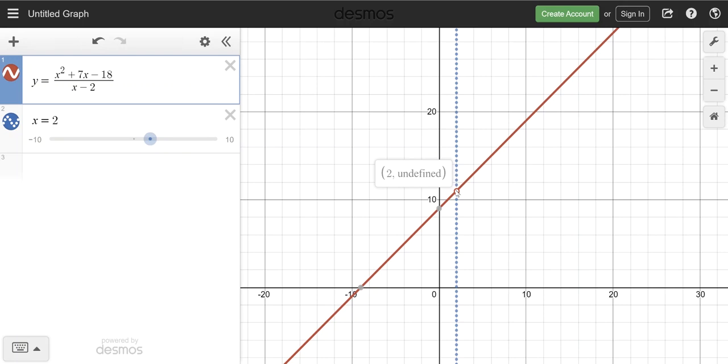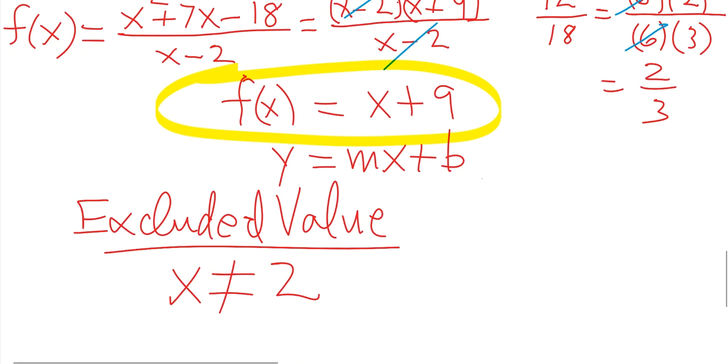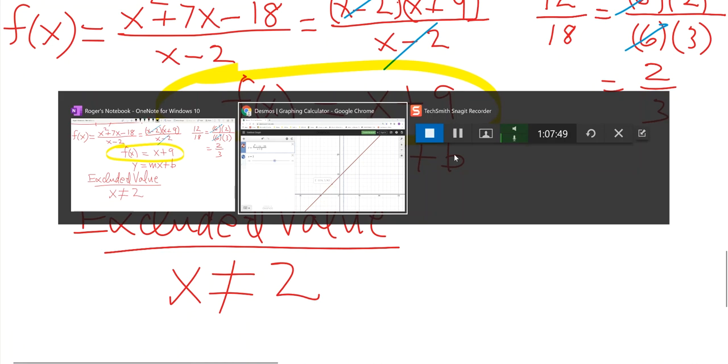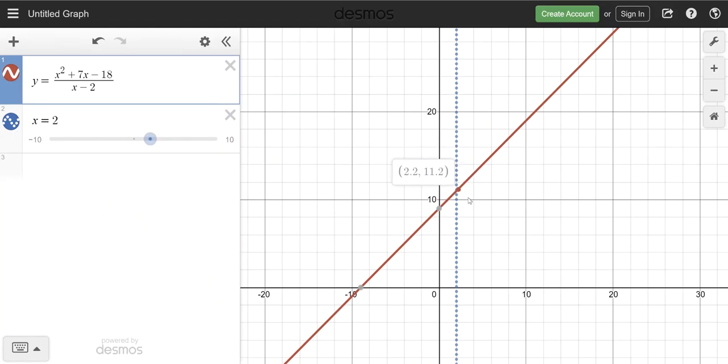Notice what happens when x equals 2. It's undefined. Undefined at x equal to 2. Sorry about that. So it's undefined when x equals 2. So right there it is. When x equals 2, we have an undefined value of our function.